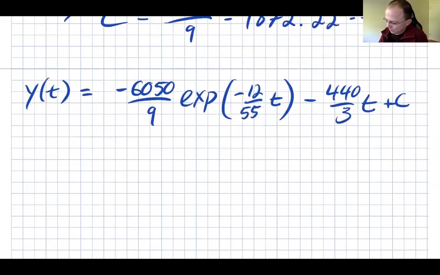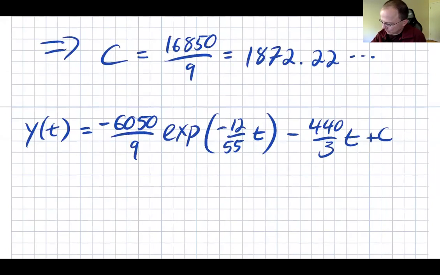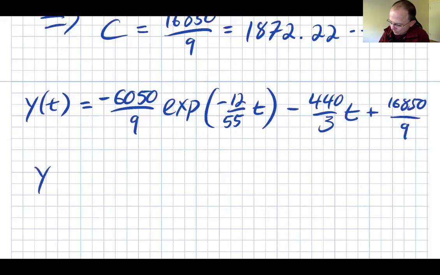It's pretty horrendous. And then this constant c is also pretty nasty. So here it is, 16,850 over 9. And we want to solve y of t equals 0.